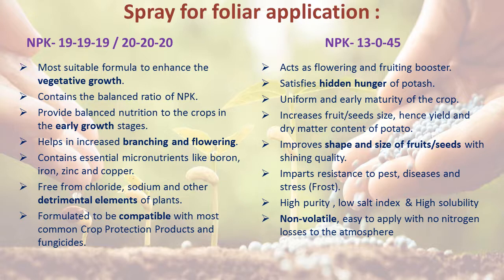That satisfies the hidden hunger of potash, and gives uniform and early maturity of the crops. It improves the shape and size of the fruits or seeds with shining quality, high purity, low salt index, and high solubility. It is non-volatile in nature, easy to apply, with no nitrogen losses to the atmosphere.